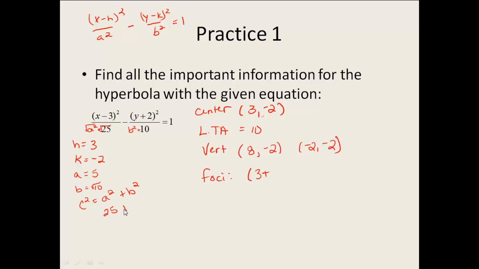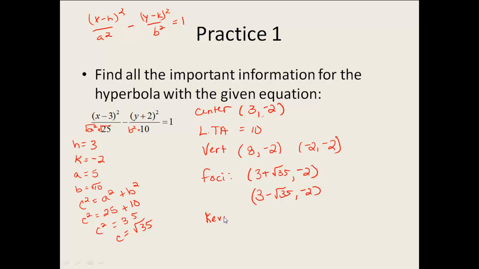Well, a squared gives me 25, b squared would give me 10, so that tells me that c squared is equal to 35, which means c is the square root of 35. So I would have 3 plus the square root of 35, comma, my k stays, so that would be negative 2. And then I also have to do the h minus c, so I would have 3 minus the square root of 35, comma, negative 2 for both my focus points.